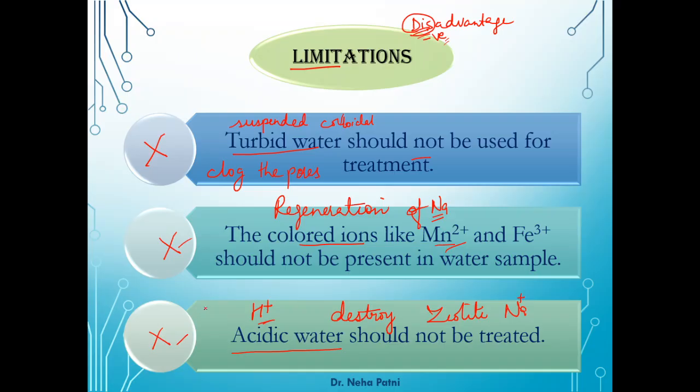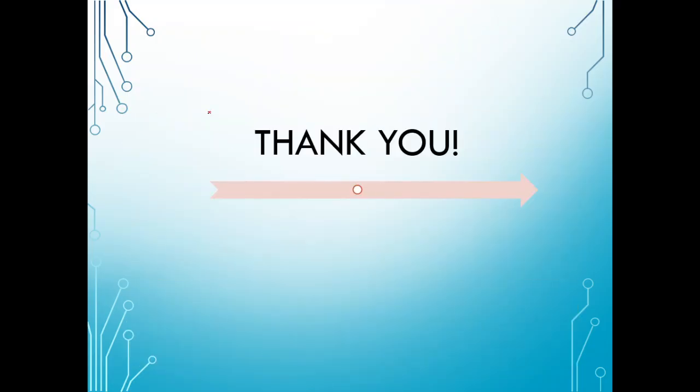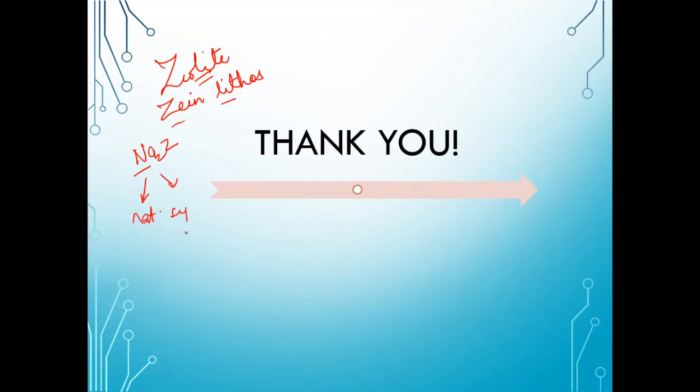That concludes the zeolite process. So today I was able to give you a glimpse of the zeolite process, wherein zeolite is derived from two words, zein lithos, which means boiling stone. It is represented as Na2Z, where it is sodium hydrated aluminosilicate. It could be natural and it could be synthetic, and the overall principle is reversible exchange of calcium and magnesium ions with the zeolite, so that the zeolite absorbs the calcium and magnesium easily.